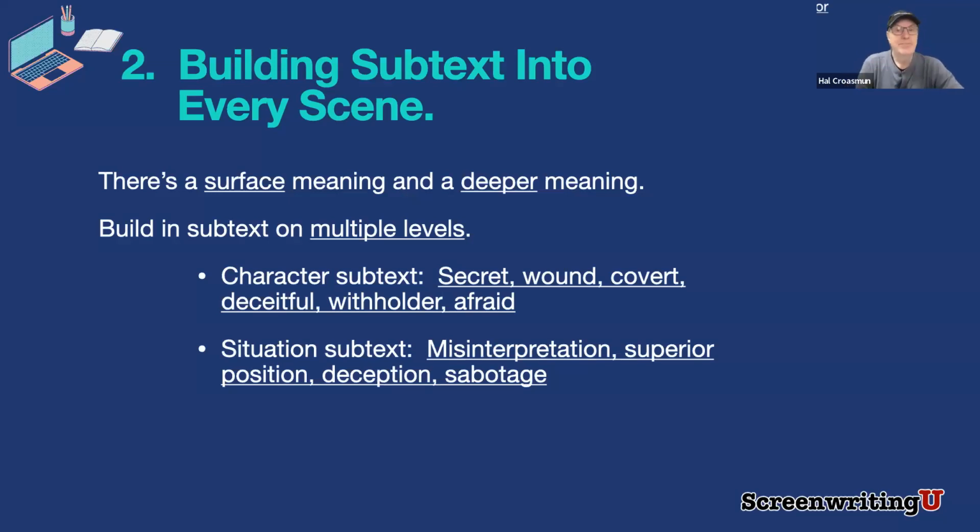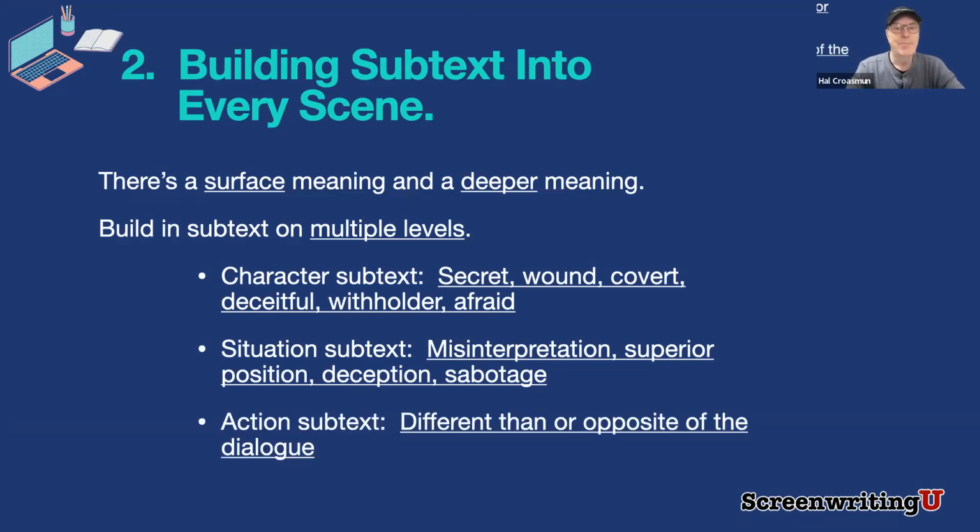Situational subtext, right? There's a misinterpretation going on that may or may not have been intentional. There's superior position. The audience knows something that the characters don't. There's deception. There's sabotage. These are situations. And then action subtext.